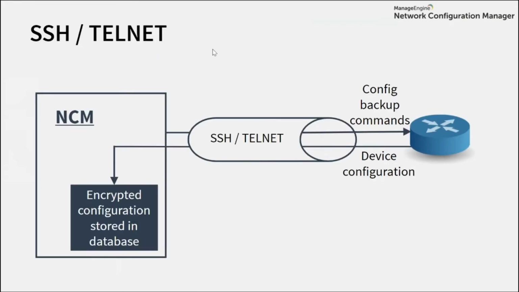First, let's look at the SSH or Telnet protocol. NCM sends configuration backup commands through a communication channel that is established with SSH or Telnet to the device, and the device responds by sending the device configuration back to NCM's engine through the same communication channel, and NCM encrypts and stores the configuration file in the database.